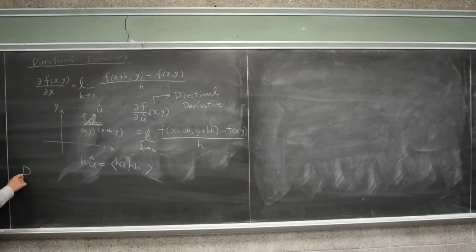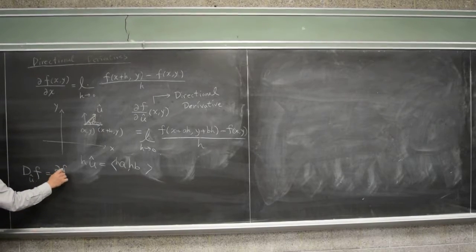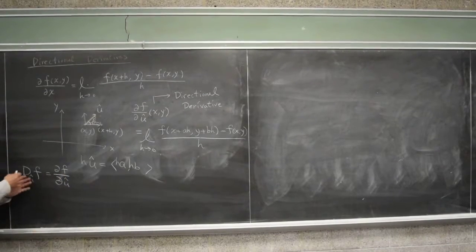They use capital D, u hat, f. Okay. So that's another notation for the directional derivative. There are two different notations. Some books use both. Some books stick to one of them, but you have to know both, because they're both used widely. So this is called the directional derivative.